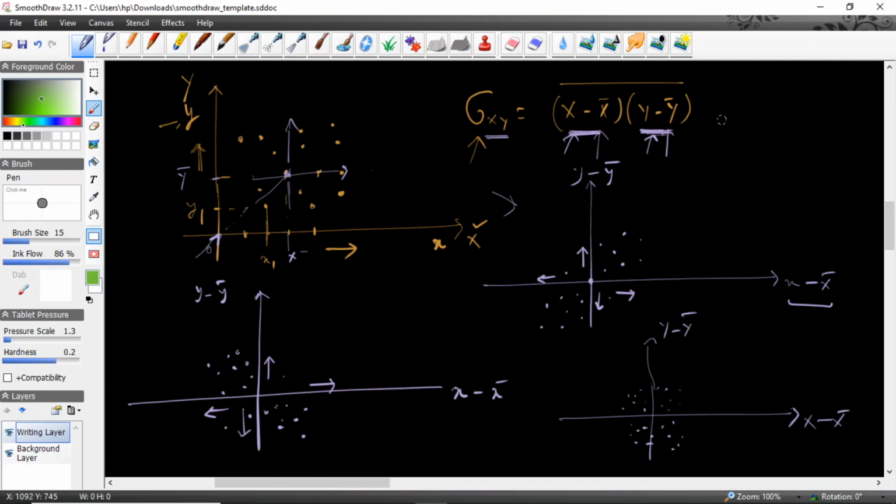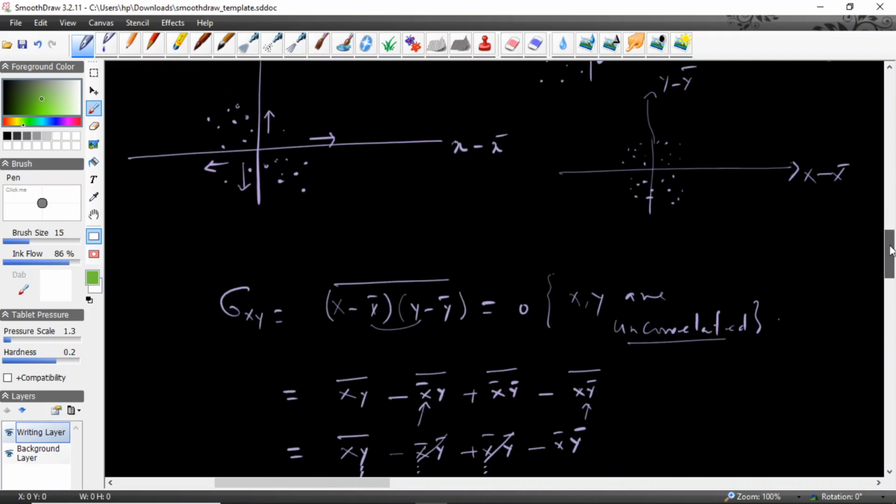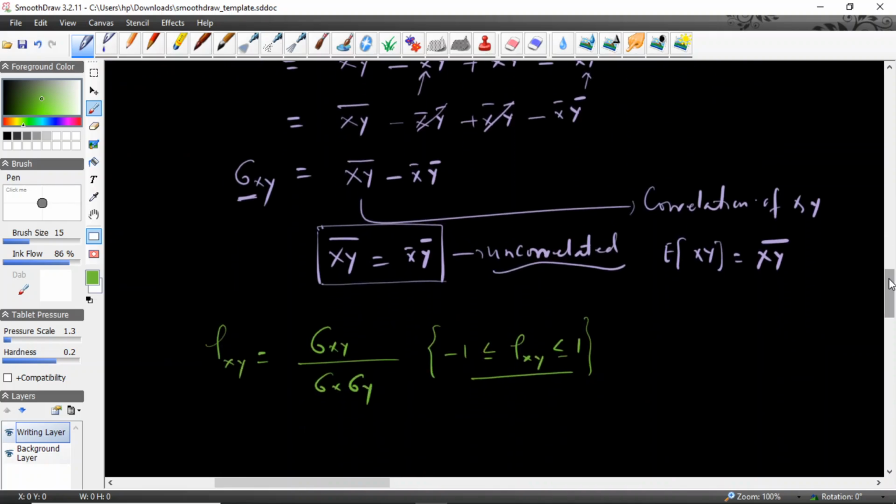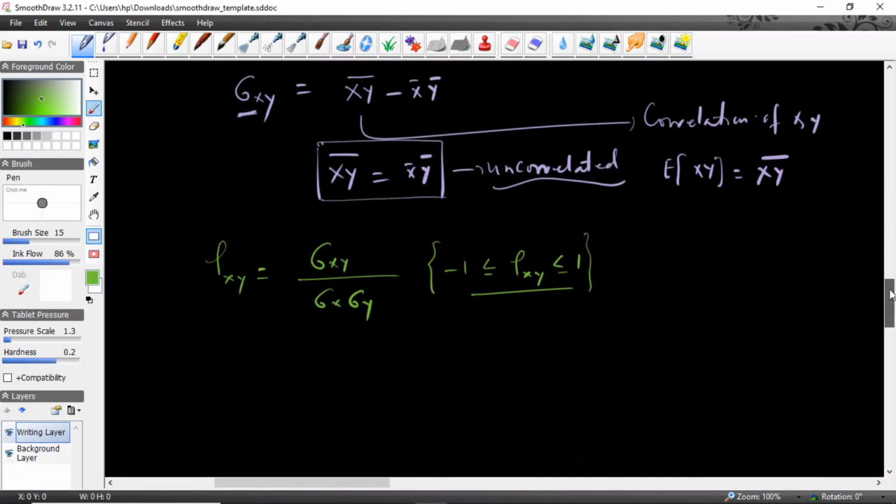Here you get some positive value, and for another pair you also have a positive value, but these positive values are different. So we cannot measure exactly how much these two random variables are correlated, so that is why they are normalized with their standard deviations, and this will give you a correlation between -1 and 1.